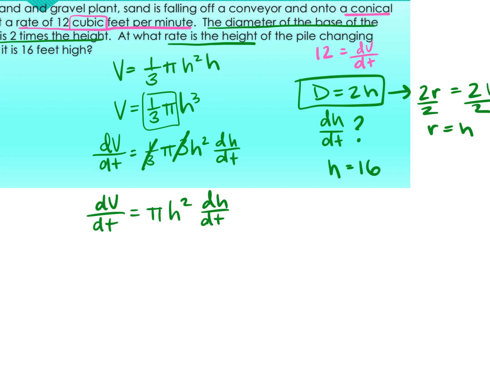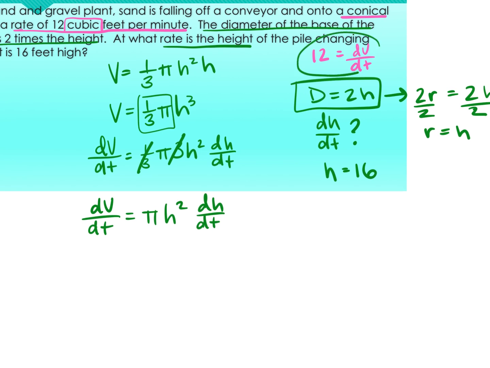So let's plug in everything we have. We know that dV over dt we said was 12, is equal to pi. H is 16, so 16 squared. dh over dt is our unknown.